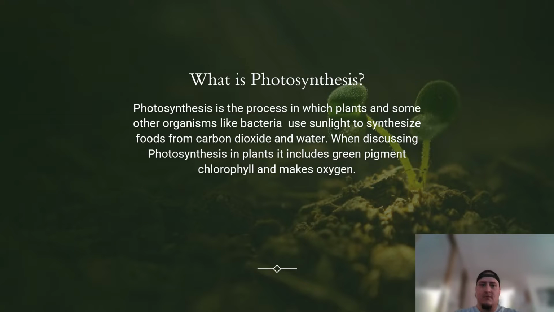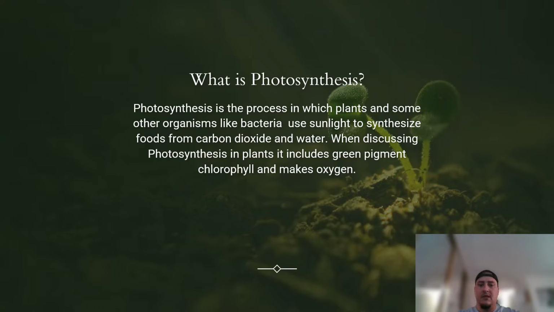So I'll start with what is photosynthesis. Photosynthesis is the process in which plants and some other organisms like bacteria use sunlight to synthesize foods from carbon dioxide and water. When discussing photosynthesis in plants, it includes the green pigment chlorophyll, and makes oxygen.